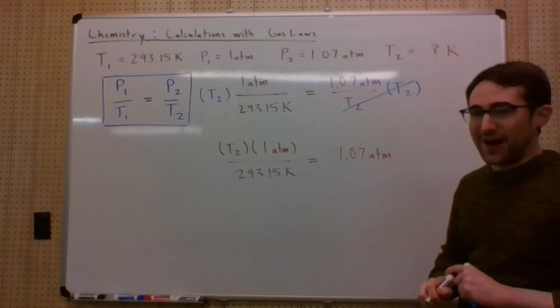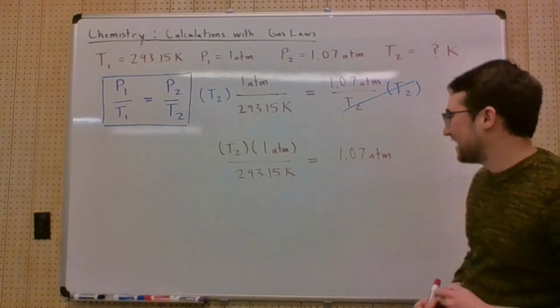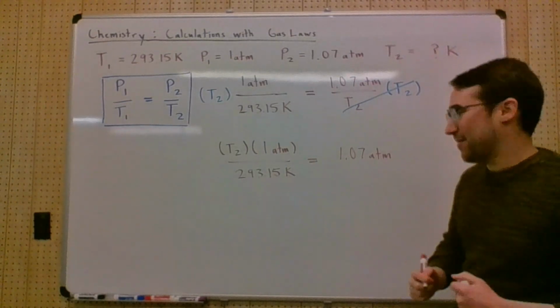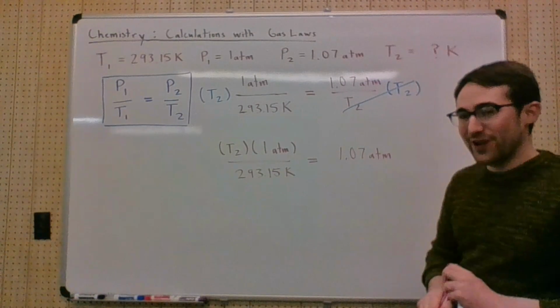All right, so I've got my T2 up in the numerator, which is good. That means I can solve for it. I can't solve for a variable down in the denominator, but I've still got to do some work to isolate this, to get this T2 alone.